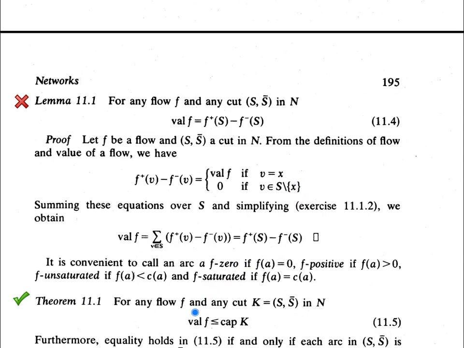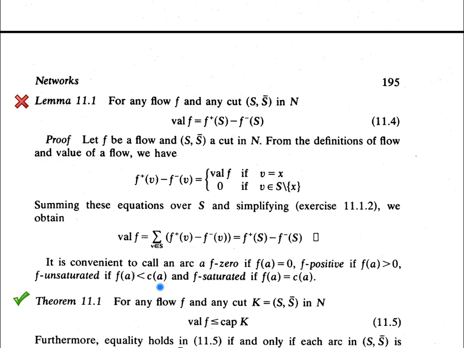Now, a convention. An arc is said to be f-zero if the flow through that arc is 0, f-positive if it is a positive value, f-unsaturated if what we make go through that arc is strictly less than the capacity, and f-saturated if the flow through that arc equals the capacity of that arc.